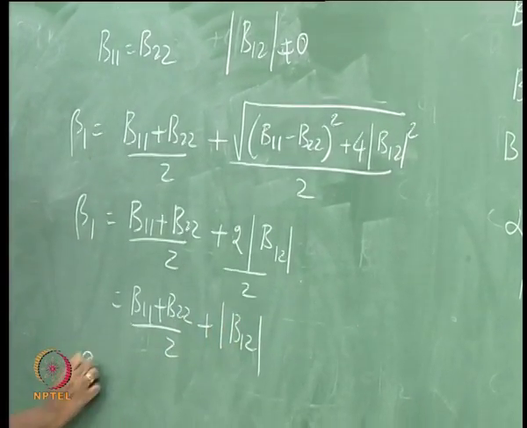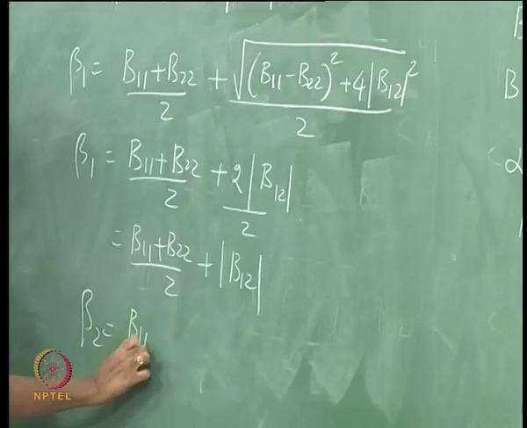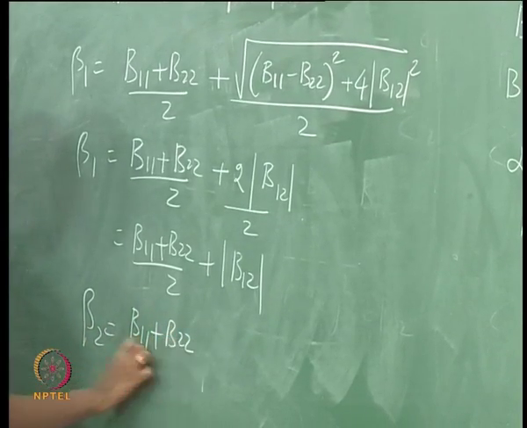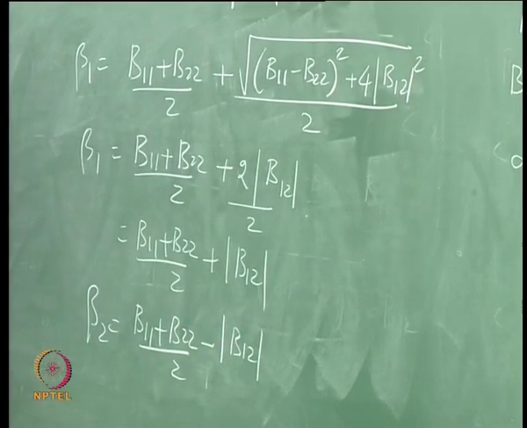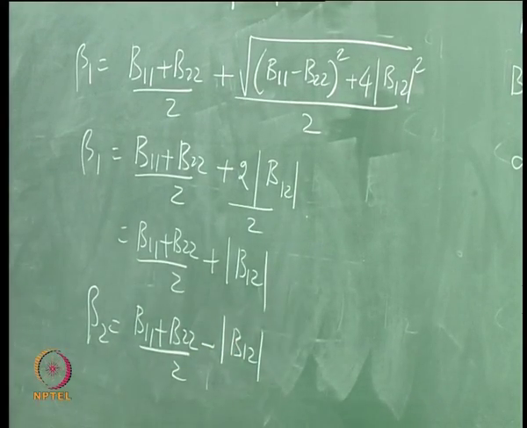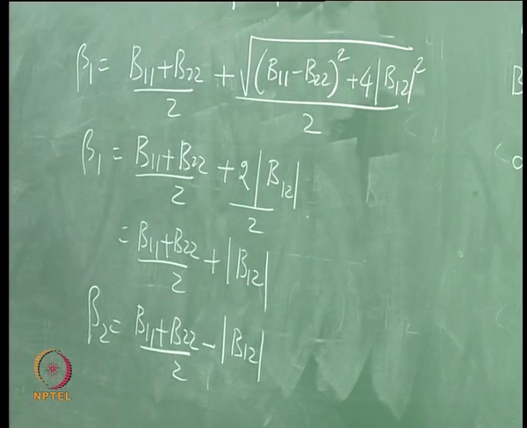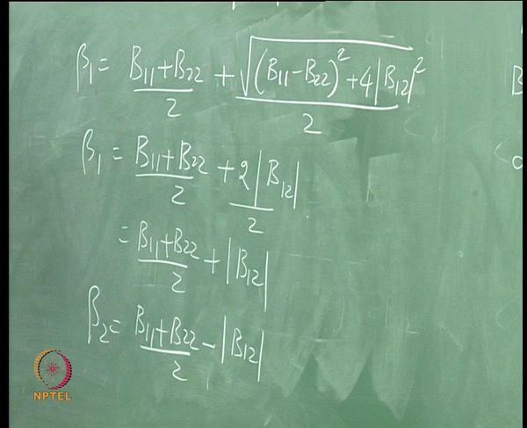In the other case, beta 2 would correspondingly be B11 plus B22 by 2 minus modulus of B12. Once more, I have two distinctly different eigenvalues, and since B11 equals B22, we have beta 1 equals B11 plus modulus of B12 and beta 2 equals B11 minus modulus of B12.